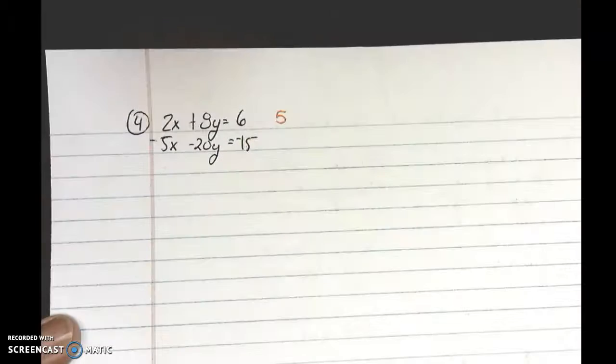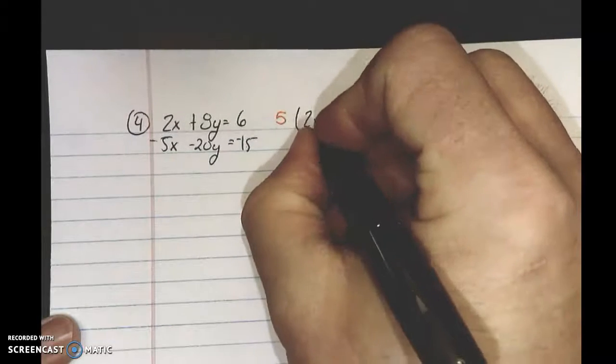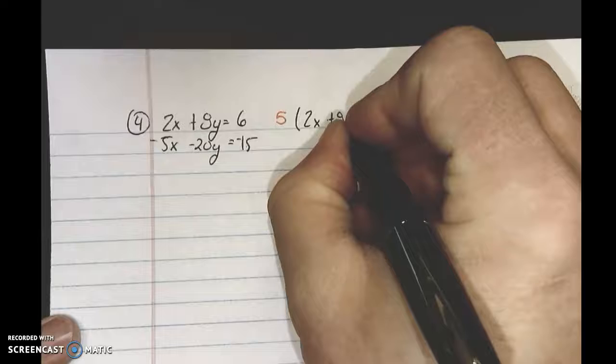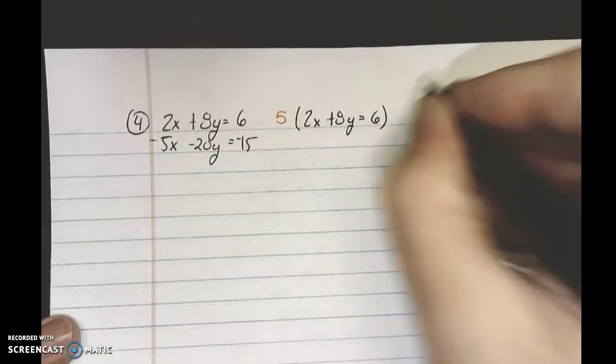If you can factor, you can see that all these are divisible by 5. These are all divisible by 2. You can reduce it, or you could just multiply the top one by 5. So I'm going to have 2x plus 8y is equal to 6.